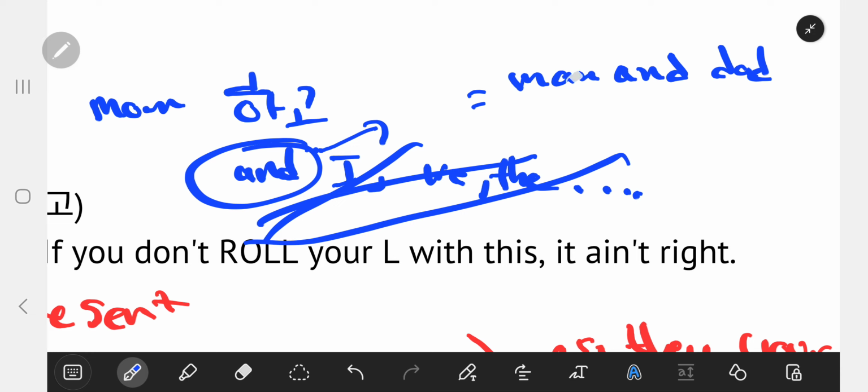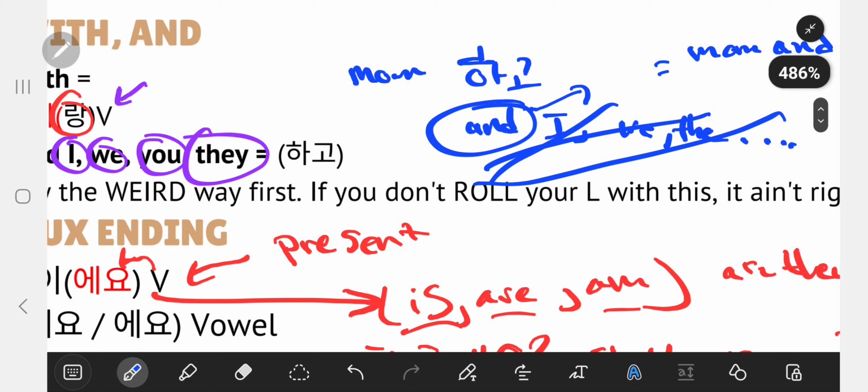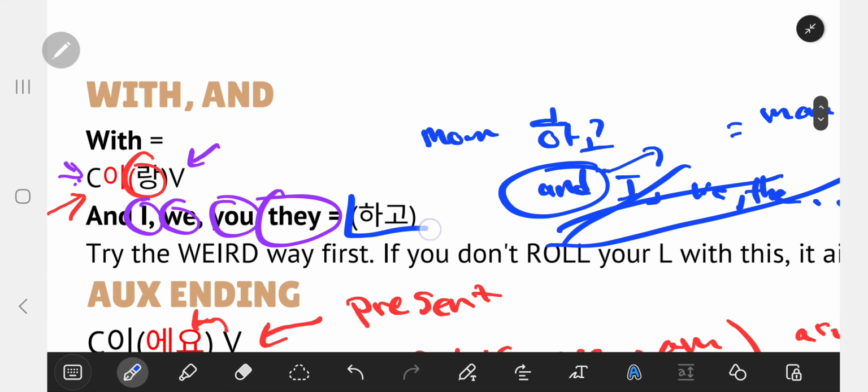If I just said this, then you're probably talking about yourself, right? So it means mom and I. Yes. So if you're going to write anything down, if you only have one noun attached to this, it probably means "and I," "and they," or "and you." More likely, "and I."